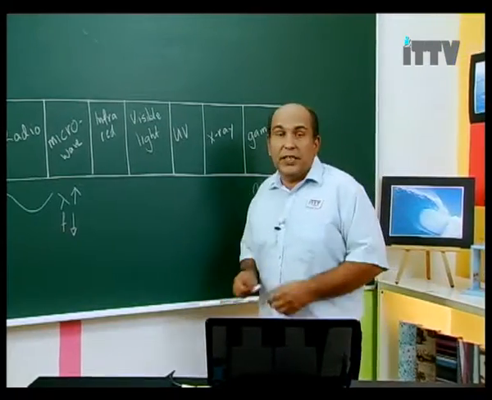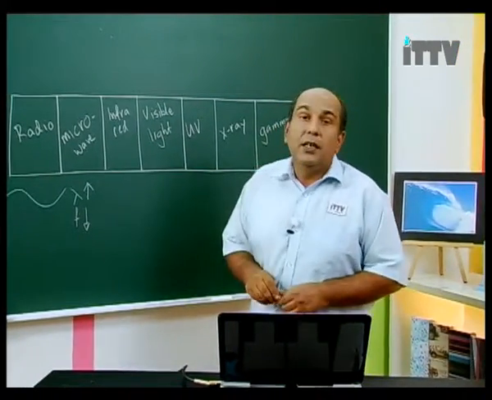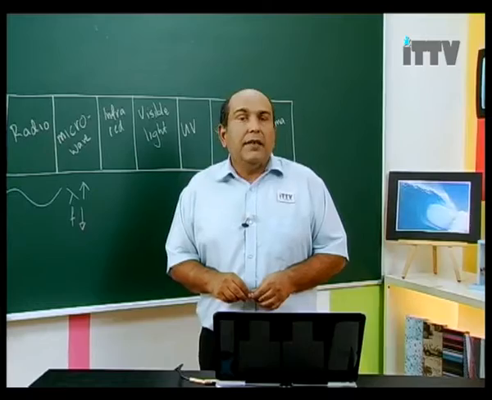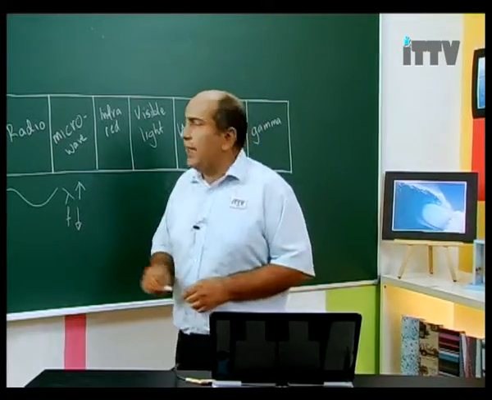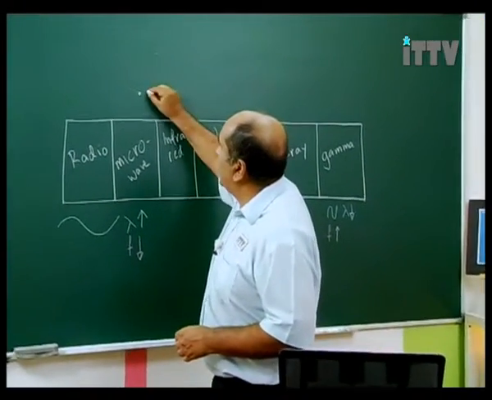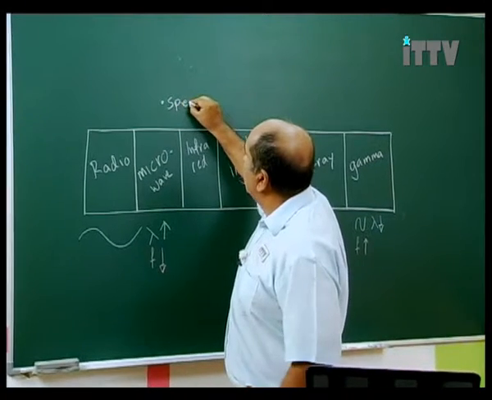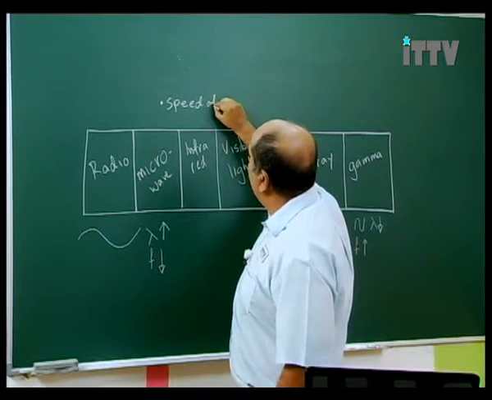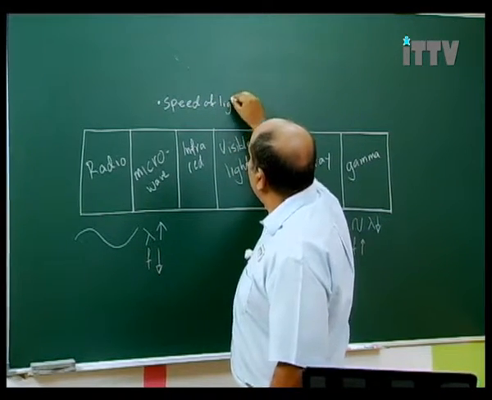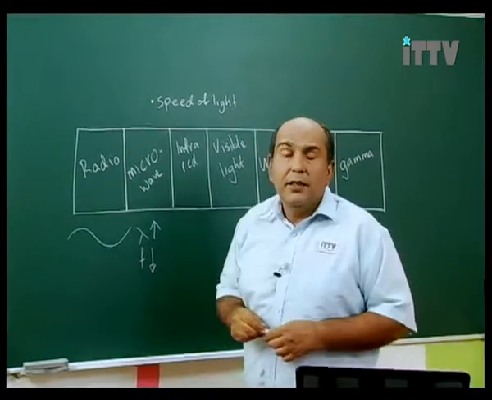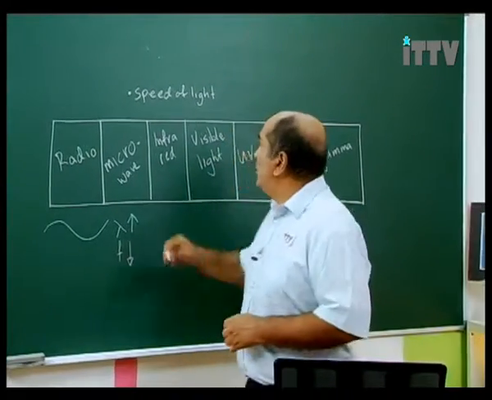Other things that we need to know about our electromagnetic waves: they all move at the speed of light. All of them have the same speed, which is the speed of light. They are all transverse waves.